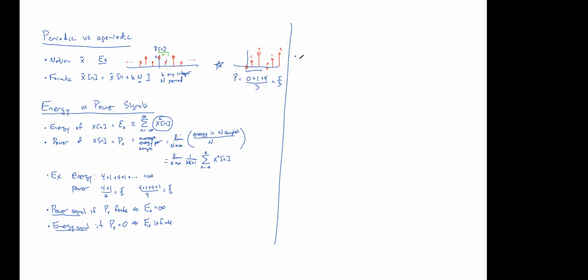Last is absolutely summable versus square summable. And this is the fastest of them all. You can imagine that a lot of the techniques we do in electrical engineering will break down if you start putting signals that go up to infinity into them.